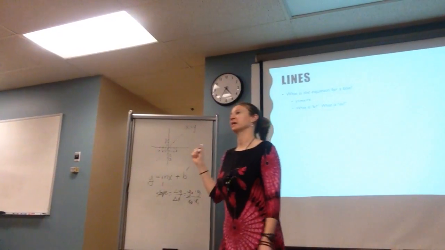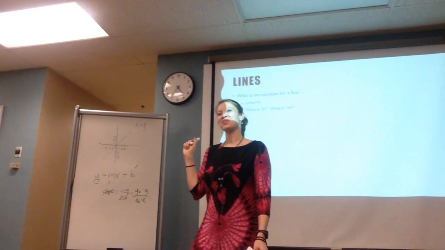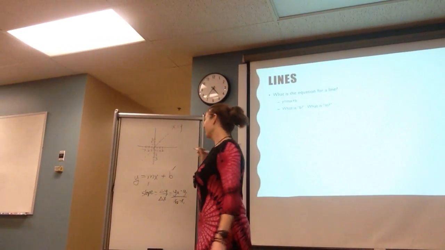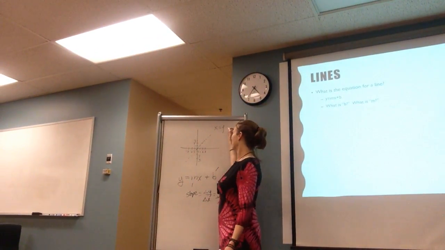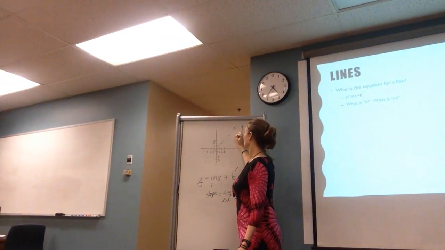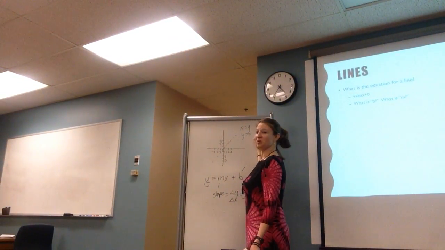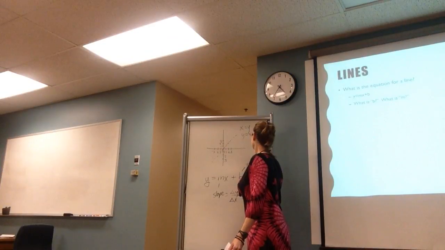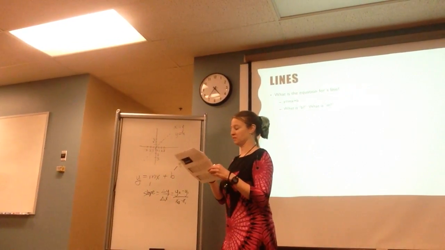What is b? Yeah, it's where the line crosses the y-axis. In this case, it was 0. That's why we don't have anything over here. When y equals x, our b is 0. So that's why there's nothing left over here. They call it the y-intercept, where it crosses the y-axis.